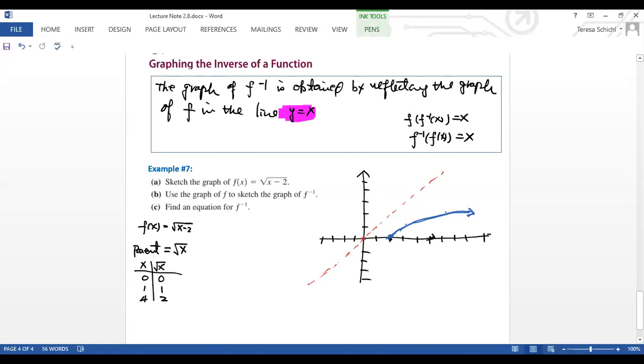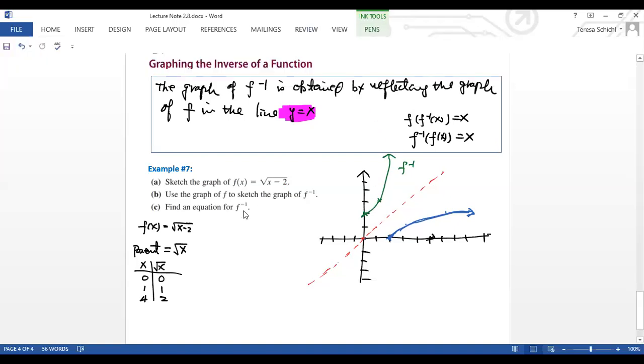This 2 is going to reflect to this 2. So it goes here, right? And then this 1, 1 goes to here, right? So this will be my f inverse. That's what we call reflecting over y equals x here.